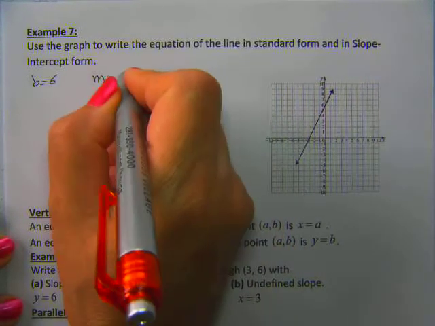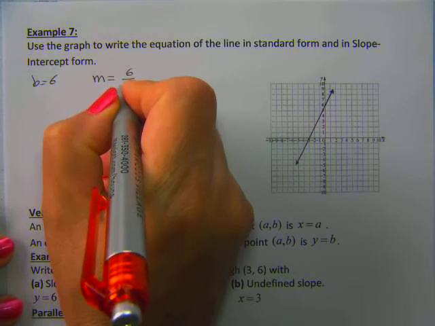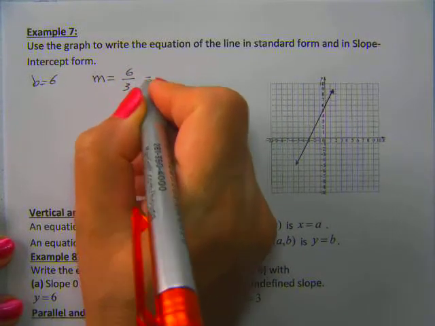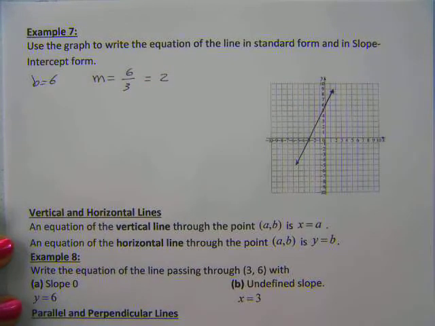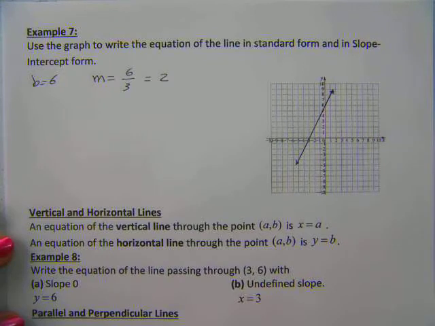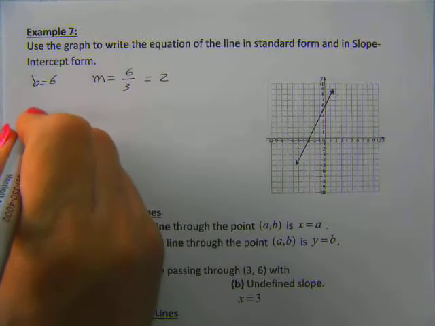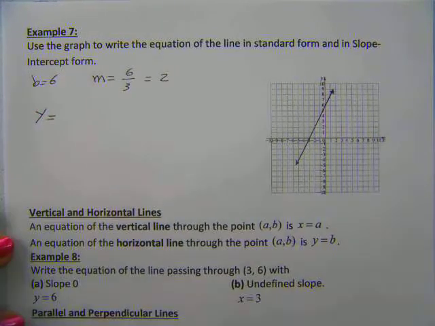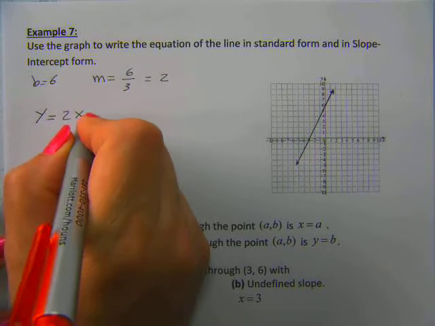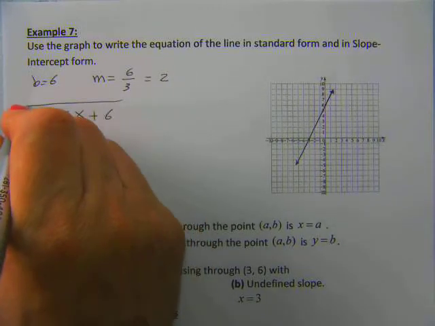So the change in y is 6 and the change in x is 3. So m is 2. Now we need to write the equation in the slope-intercept form. That's an easy one. So what is y equal to? Remember, mx plus b. So y equals 2x plus 6.